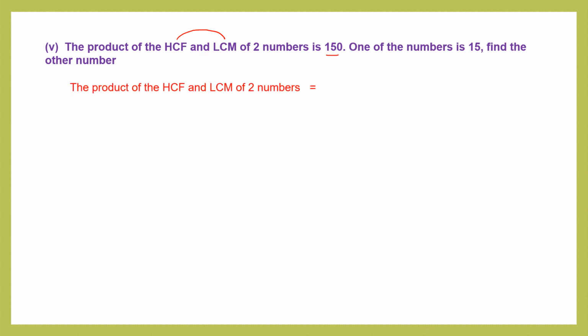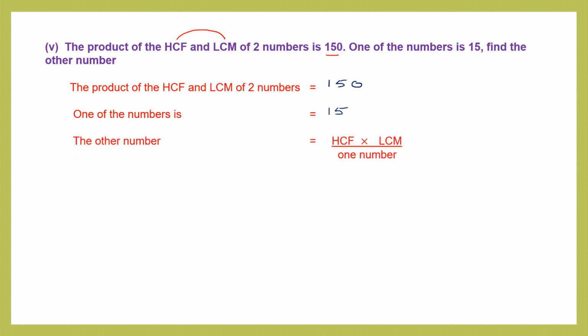So the first step, the product of the HCF and LCM of two numbers given to us is 150. What else is given to us? One of the numbers is given to us, which is 15, and we are asked to find the other number, and there is a formula for it. And what is the formula? The formula is HCF into LCM divided by one number will give you the other number.